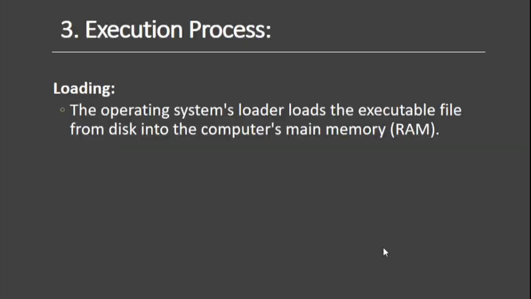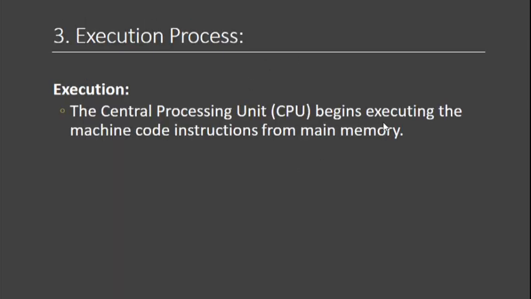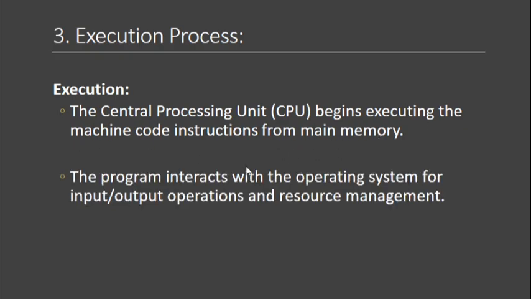So this is the loading process. After loading, my program is stored in the main memory. From there, the processor begins executing the machine code instructions from main memory sequentially, one by one. While the program is executing, it interacts with the operating system, because the operating system has to provide resource management.